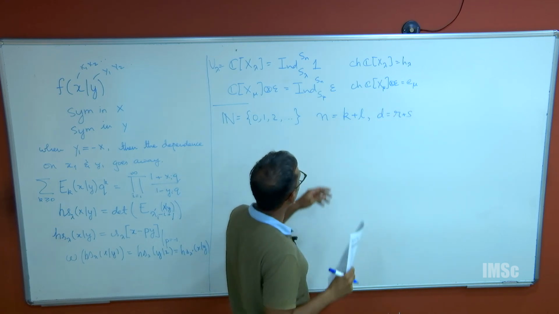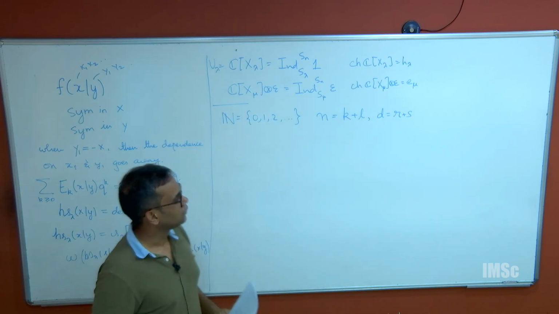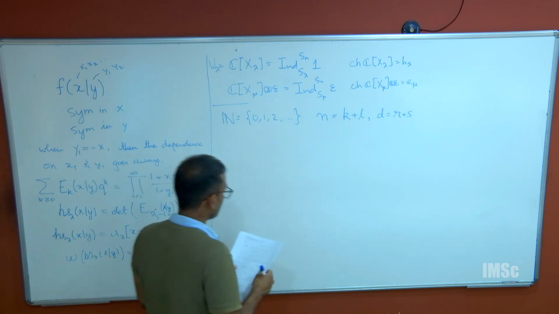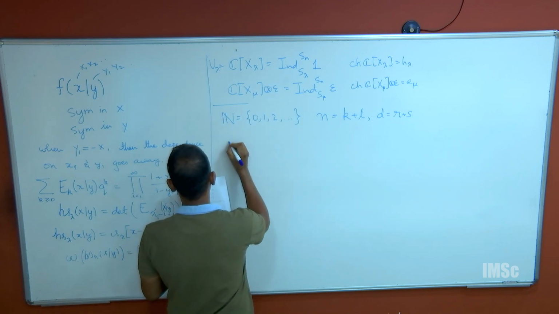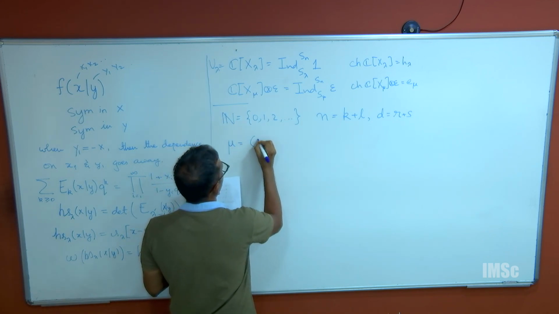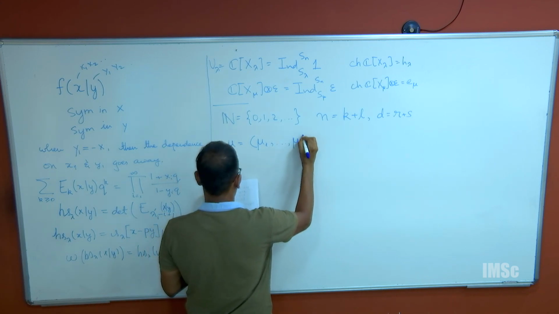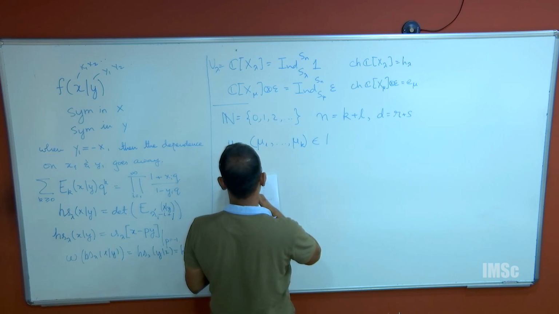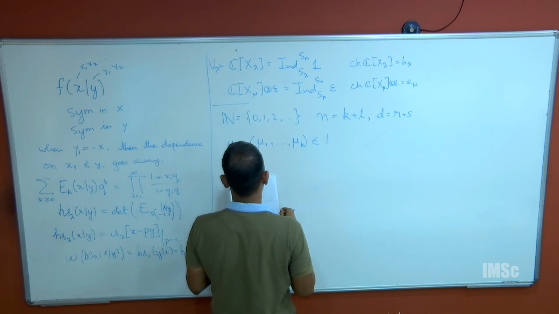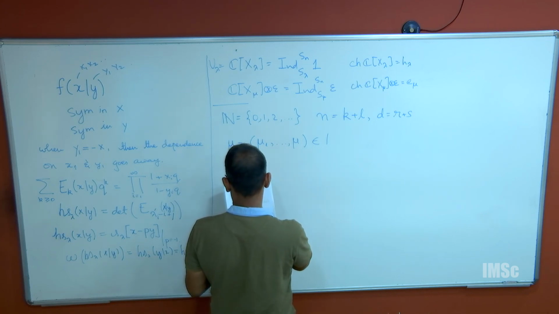In Schur-Weil duality, this n is the GLn and this d is the Sd. So both of them are broken up, and we look at mu to be an integer vector mu1 up to mu k.